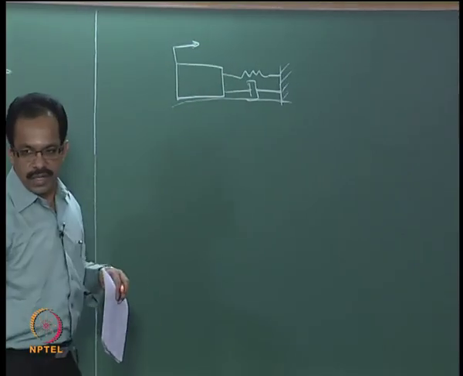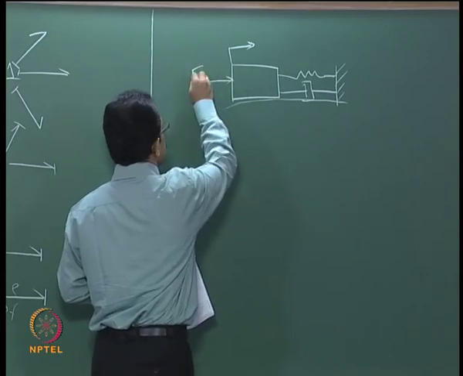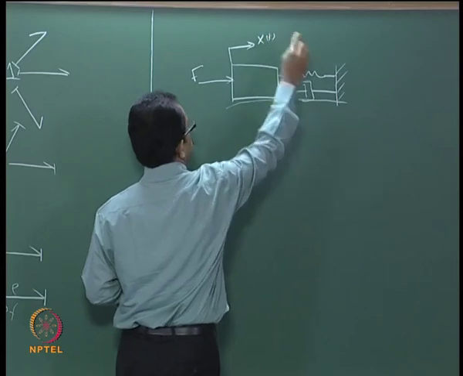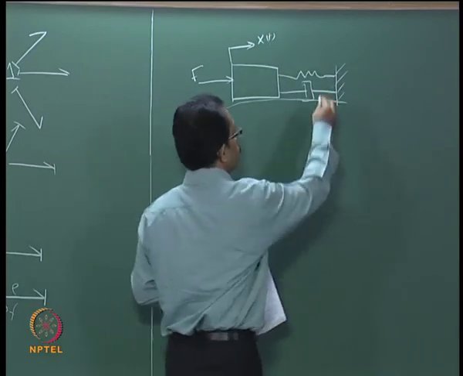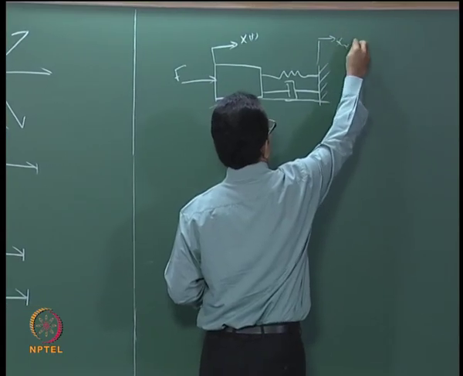So you can see here it is subjected to a force, and then this is the displacement xt, and if you can assume that there is a reference velocity also xr t.